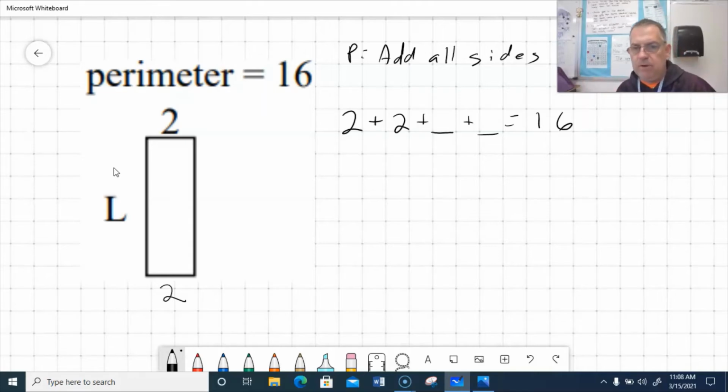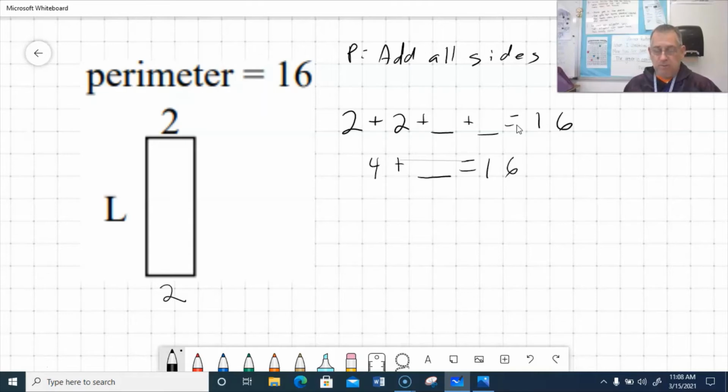We'll put together the stuff that we do know. So I know right here, I got 2 plus 2 is going to equal whatever these two are plus together. So I know 2 plus 2 is 4. Plus, and we'll just say that we add these two together, even though we haven't added them yet, plus something is going to equal 16.